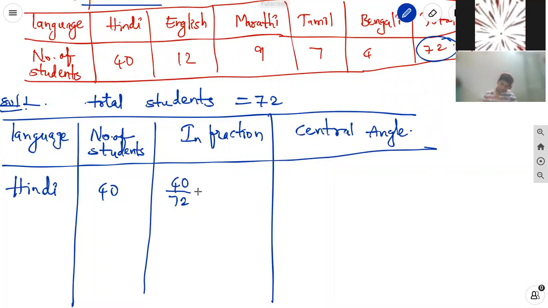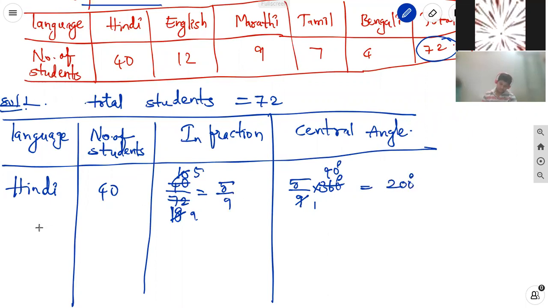It is equal to 5 by 9, since 4 nines are 36 and 4 eights are 32. Central angle is 5 by 9 into 360 degrees. 9 ones are 9, 9 fours are 36, so it is equal to 5 fours are 20, 200 degrees, speaking Hindi.